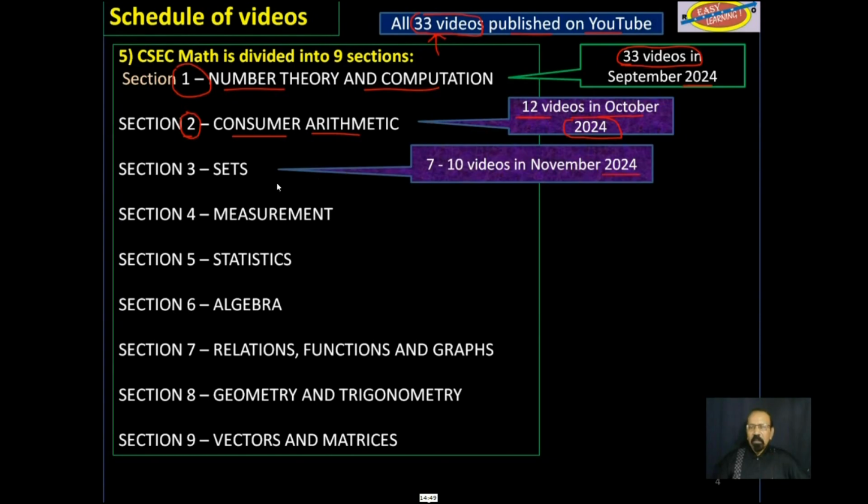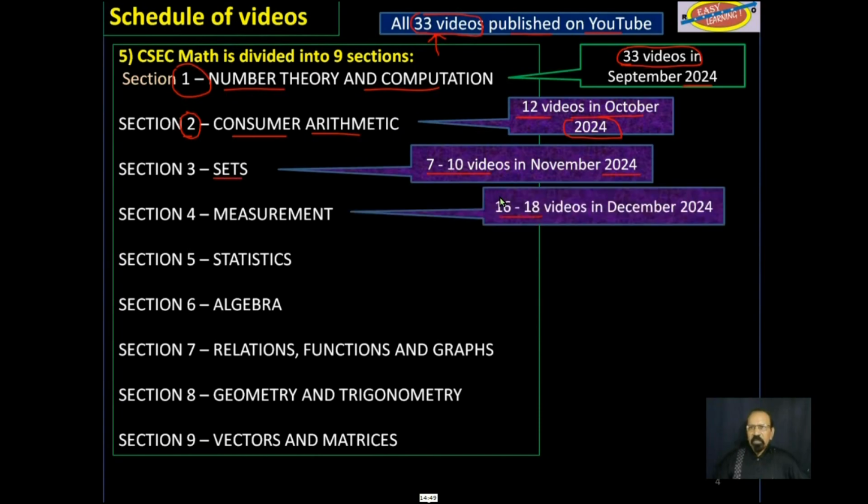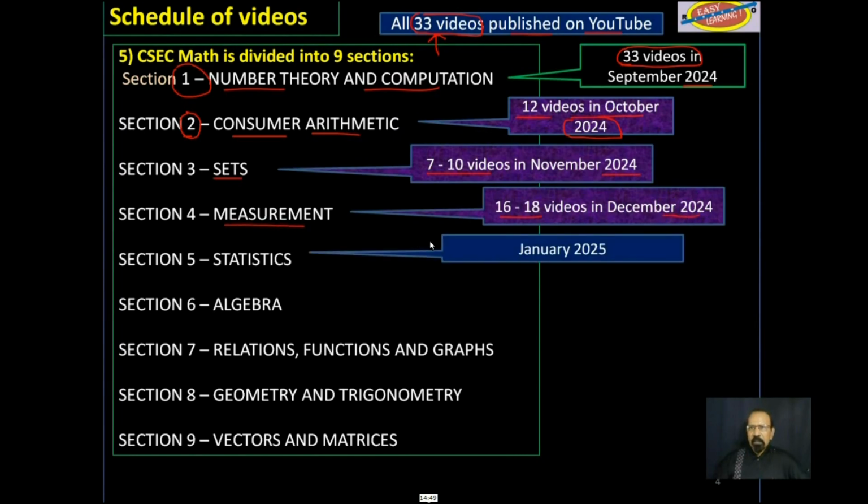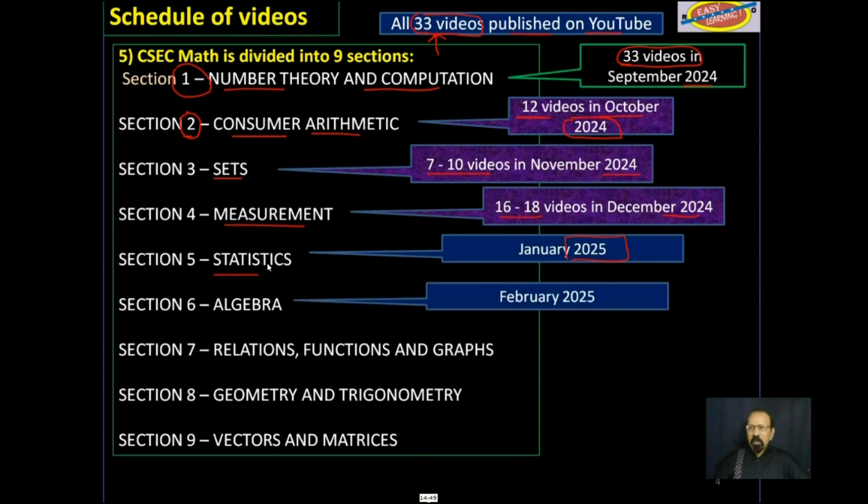Then November 2024, maybe 7 to 10 videos on sets, 16 to 18 videos, December 2024 on measurement. Then January 2025, statistics, February 2025, algebra, March 2025, relations, functions, and graphs.